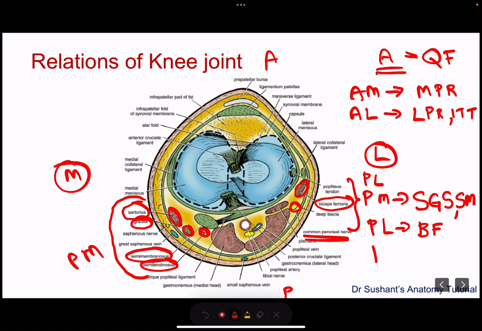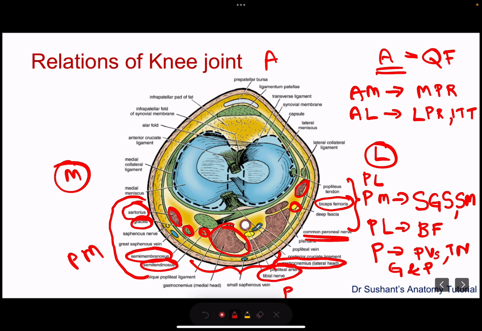Now the posterior relation is formed by the popliteal vessels, tibial nerve, both heads of gastrocnemius and plantaris. We have the popliteal artery, tibial nerve, and the medial and lateral heads of the gastrocnemius. So this is the posterior relation.